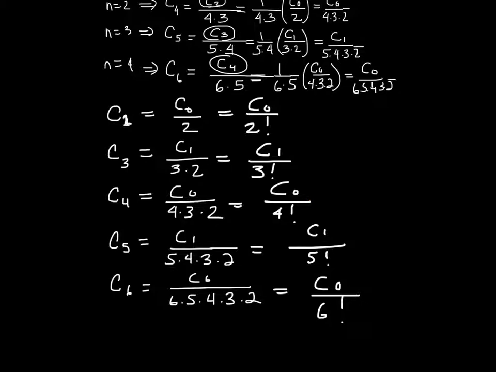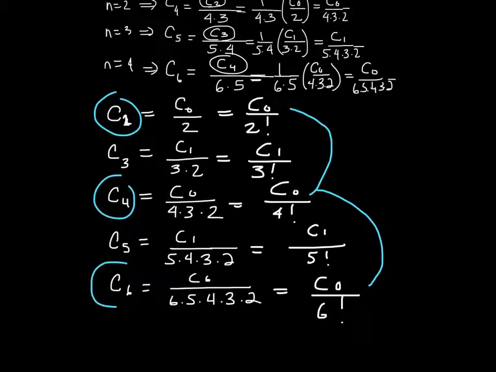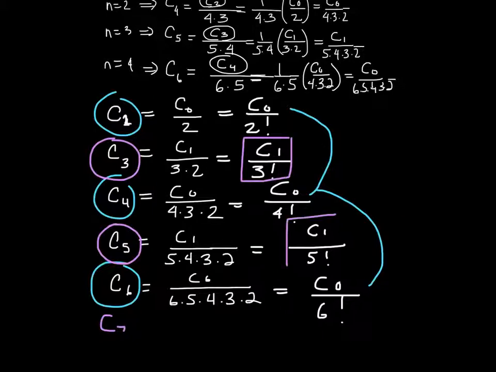So C2, C4, and C6, whose subscripts are even, are written in terms of C0, and our odds, C3, C5, and if you wanted to write a C7, are written in terms of C1. And that's basically it. And we might as well box these guys.